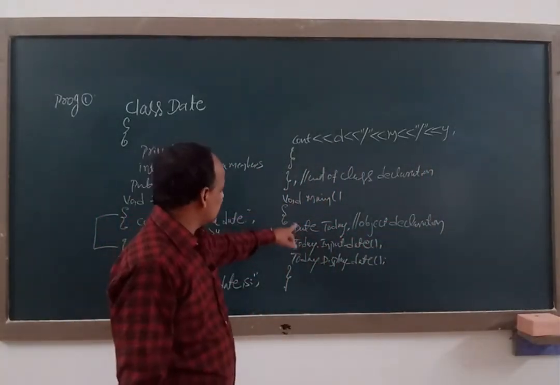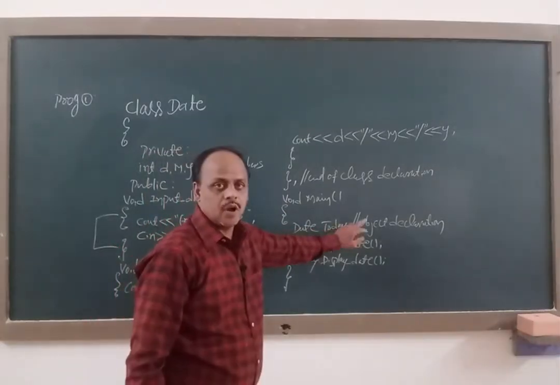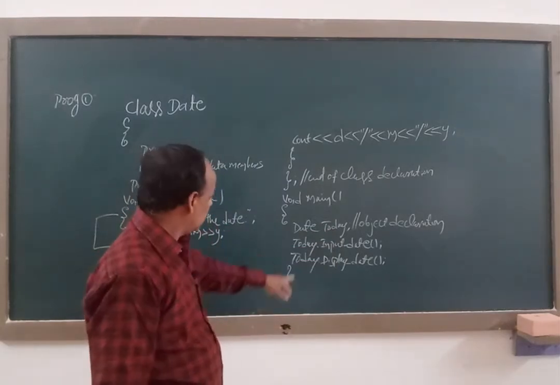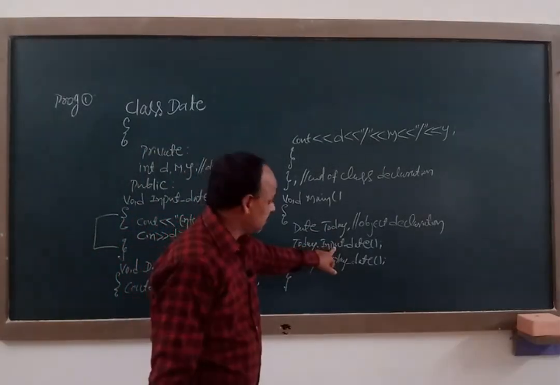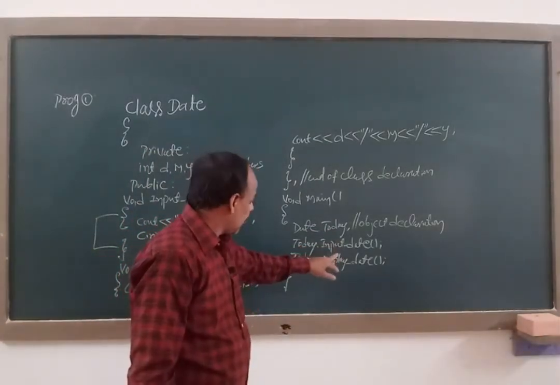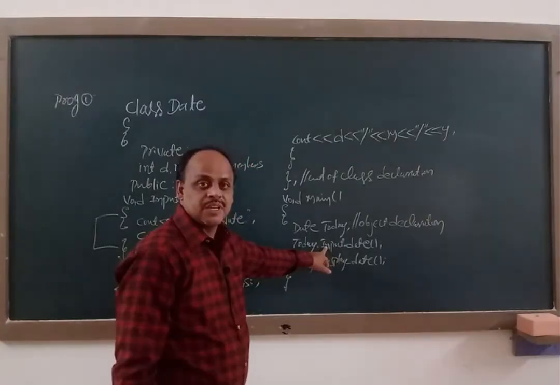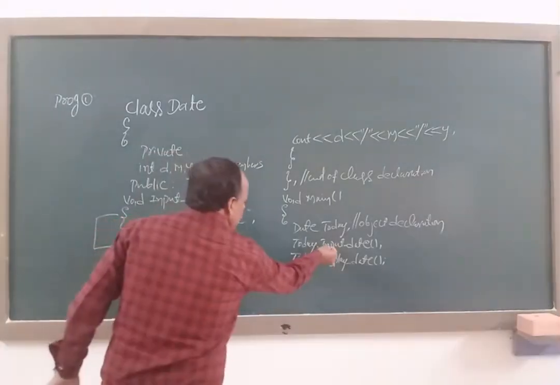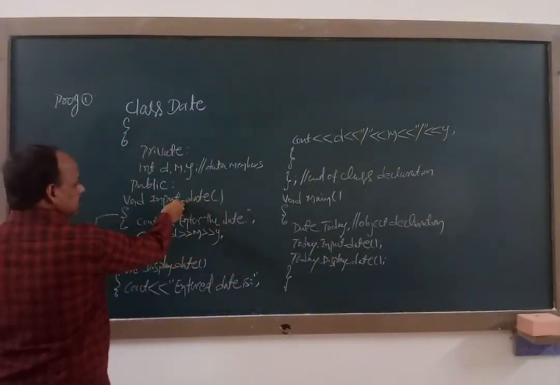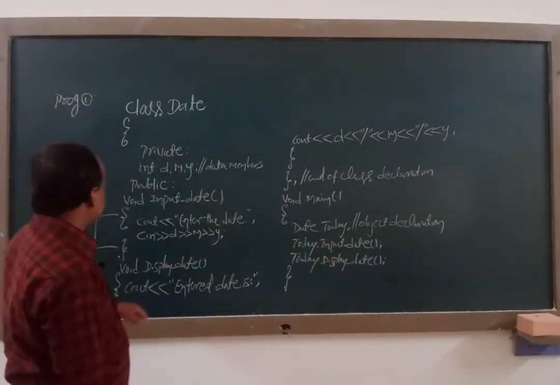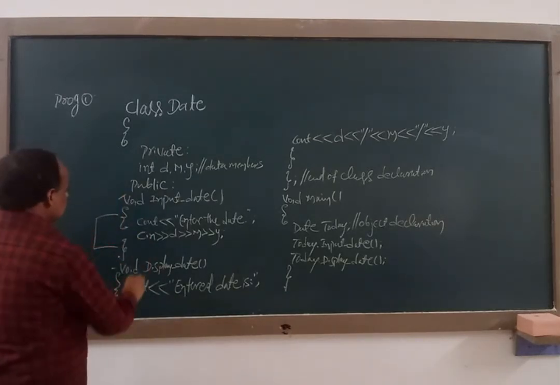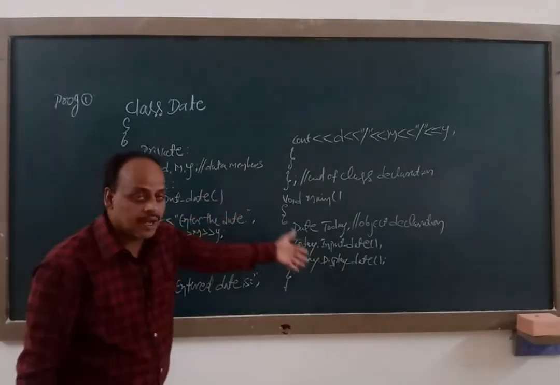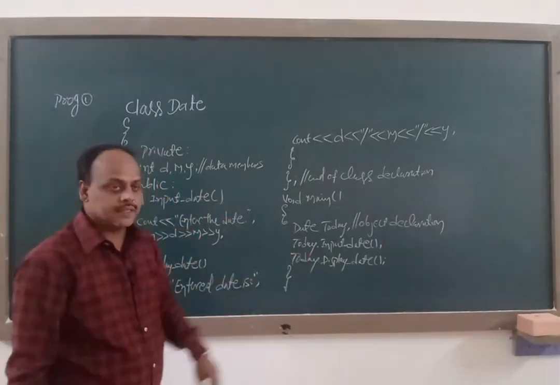In the program, the very first statement is the declaration of the object. I am declaring one object, today, and next, today dot input date function means I am calling this input function with the object. Then the cursor goes to this input function. You see here, these input and display functions are in public. It means these are accessible outside the class, right?